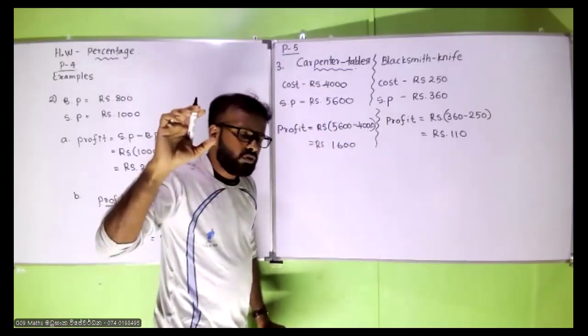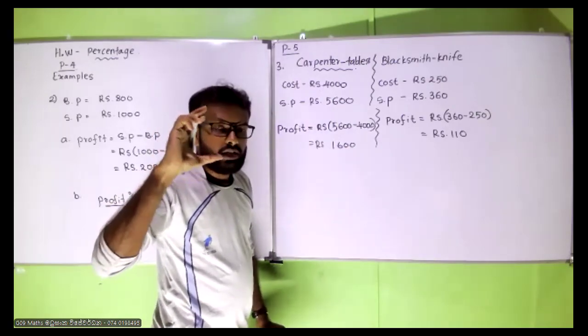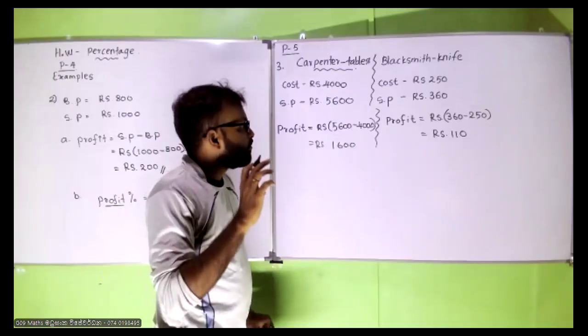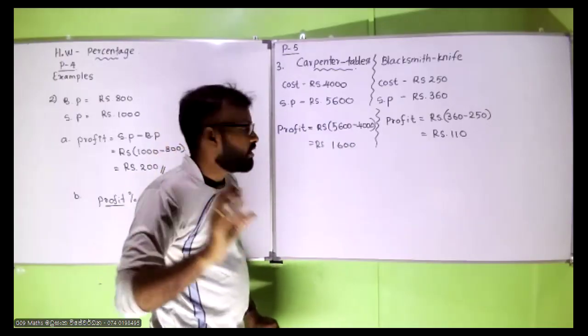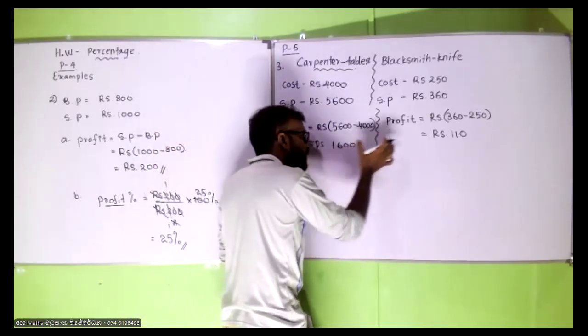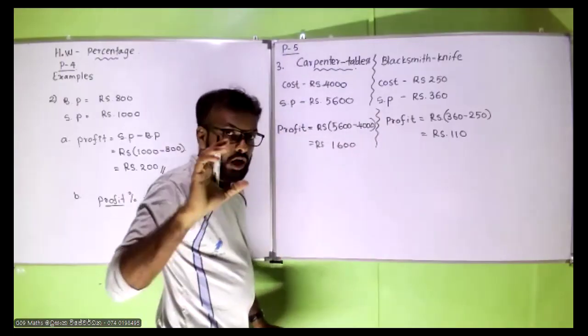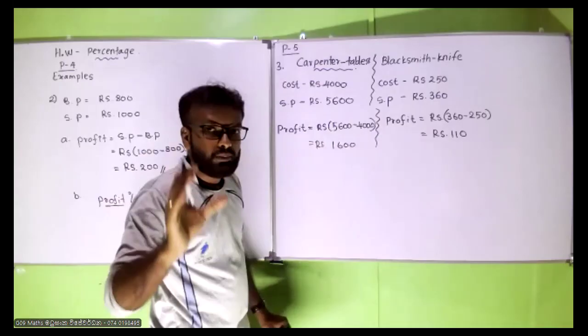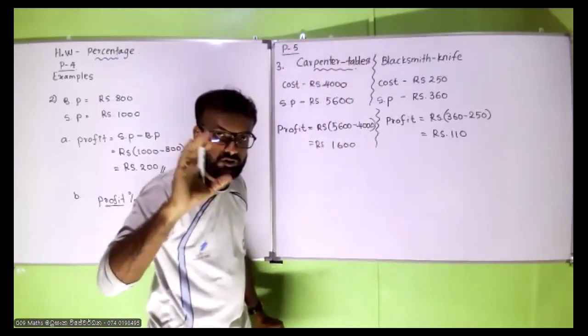Now what I told you: you cannot decide who is gaining the most profit by comparing only the profits. So you have to take the profit percentage for the carpenter and the profit percentage for the blacksmith as well.